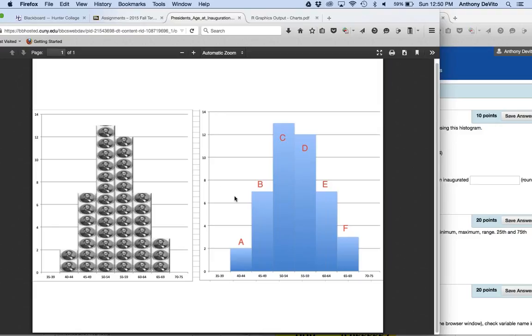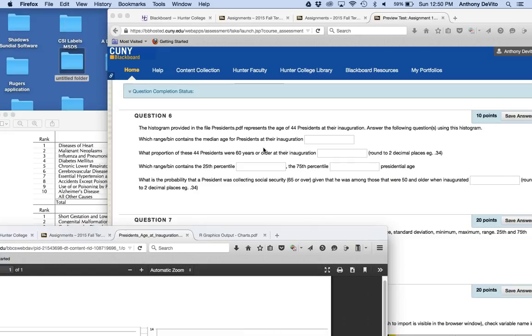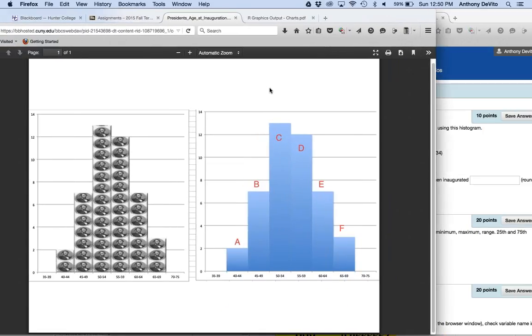And there were seven presidents, or seven Lincolns, that were between 45 and 49 years old when they were inaugurated. Okay, so the question we had was, which range contains the median age for the president at their inauguration?